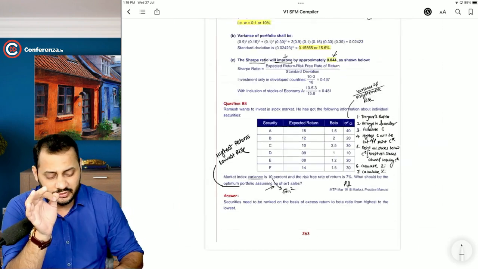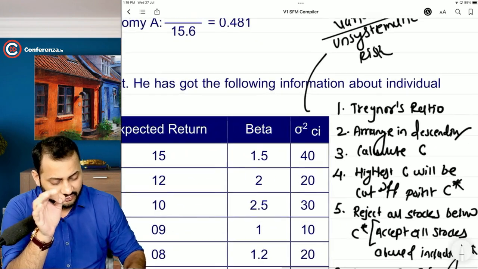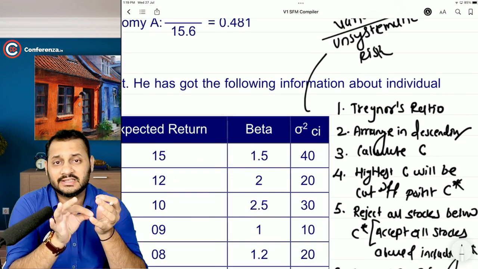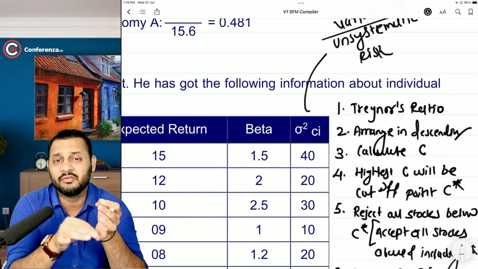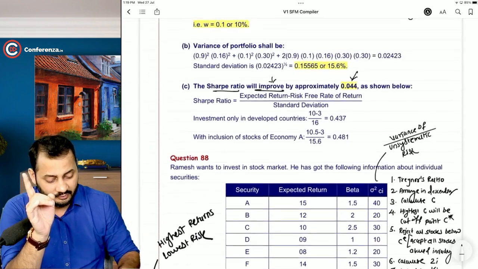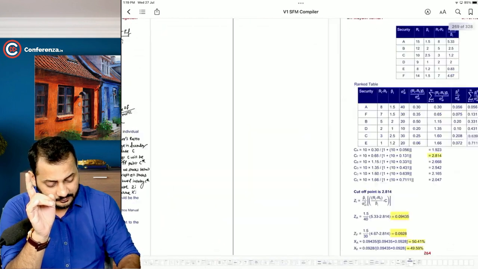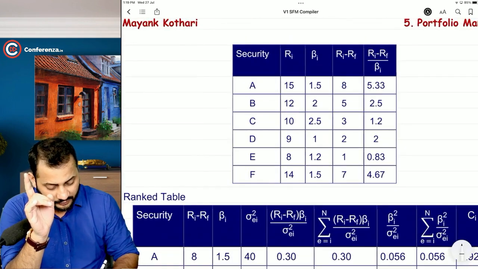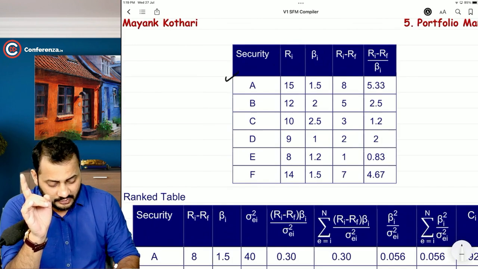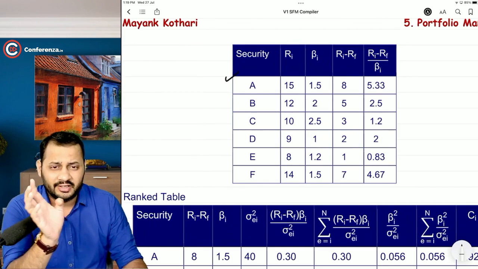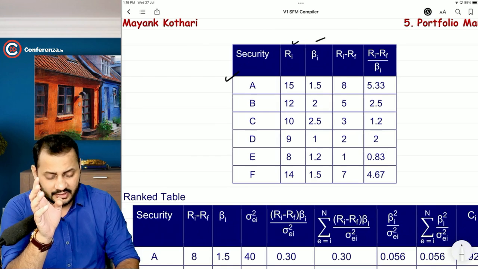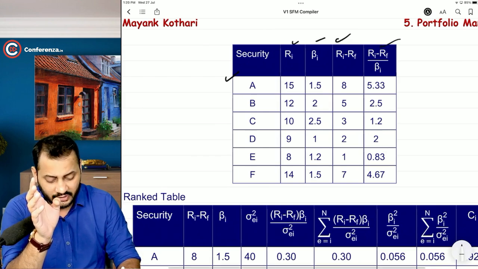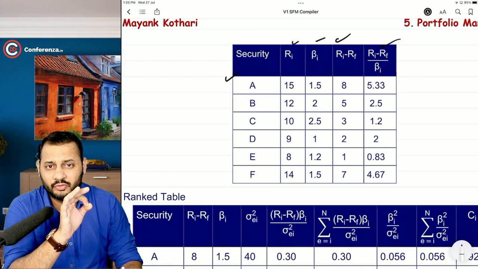So the very first step is to calculate the Treynor ratio. Do you remember the formula of the Treynor ratio? The Treynor ratio says how much premium we are getting for 1 unit of beta. Remember that, beta. If you come to this point, these are the stocks, and you don't have to write down all the Ri, beta and everything here. Just write down the formula (Ri minus Rf) divided by beta i.